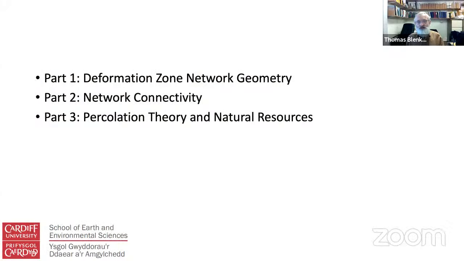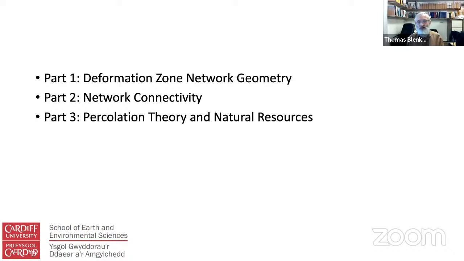What I'm going to talk to you about is deformation zones, and specifically the way in which deformation zones form networks and the sorts of networks which we can find and therefore use in an exploration sense, so network geometry.